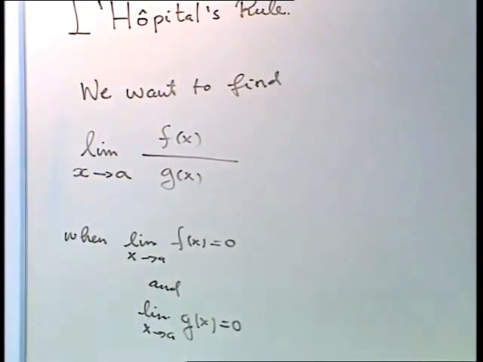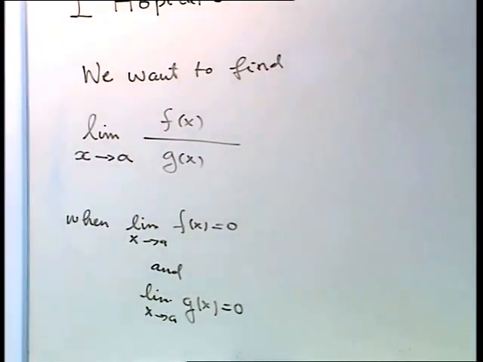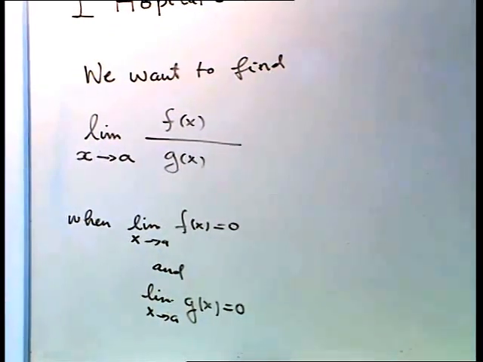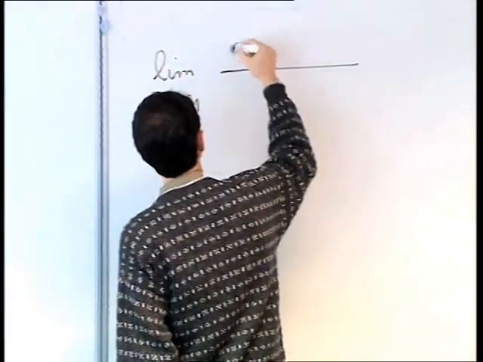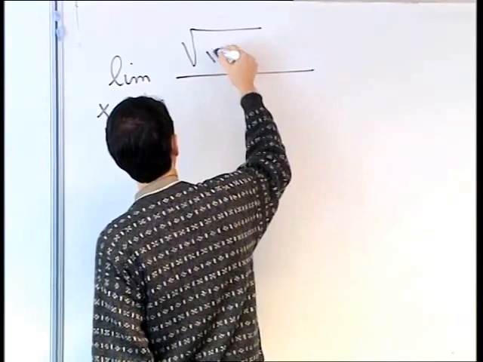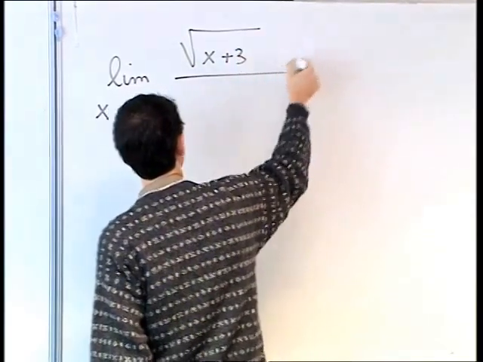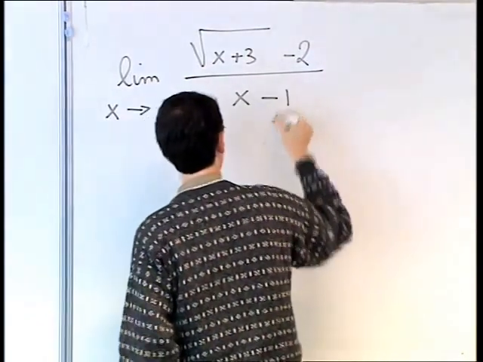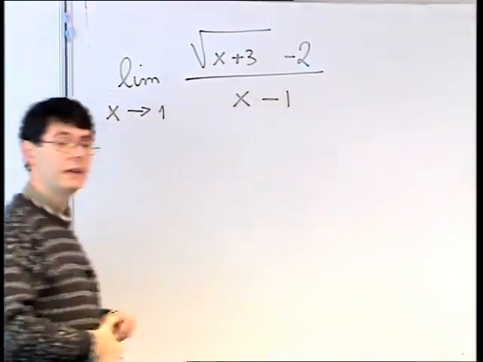For example, limit when x goes to 1 of square root of x plus 3 minus 2 divided by x minus 1. So take a look at that.